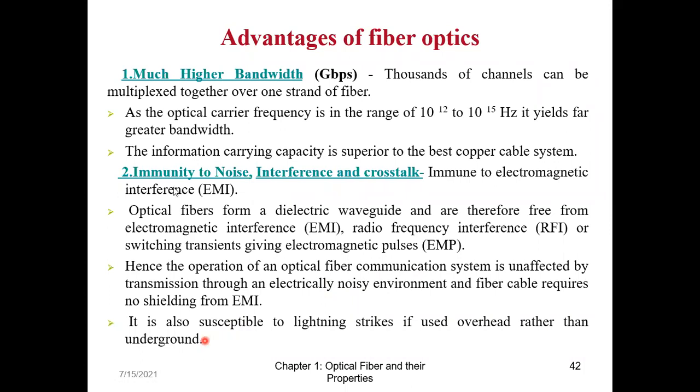Also, we have this problem of lightning. During monsoon, the rainy season, when there is thunder and all, we have lightning strikes, and those transmission towers and all catch fire. So the first thing is, the trend is we lay fiber underground. In very few places we are laying it overhead, but in some countries they have started laying the fiber overhead along the road, in the footpath divider. But in India and most parts of the world, the fiber is laid underground.